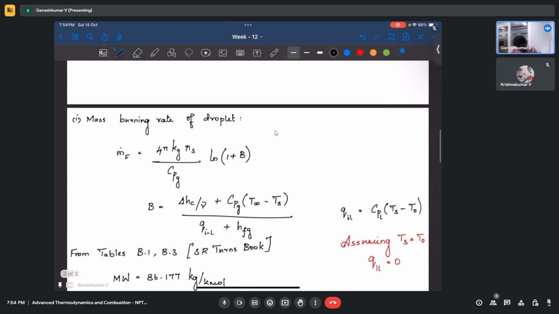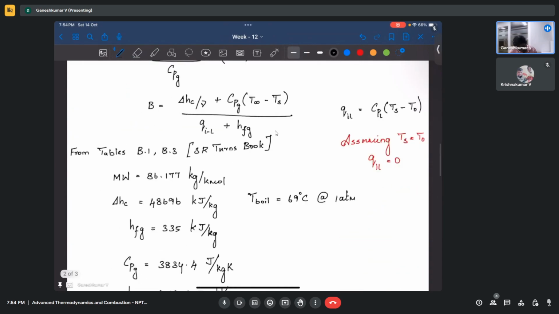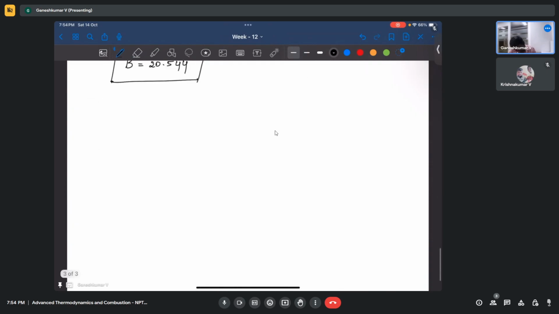Then we can find m dot. So m dot F is what our interest is. F is 4 pi kg Rs, where Rs is the radius to the surface. Basically, if you fix the coordinate system to the center of the droplet, Rs is the radius at which the surface is present, and Rf is the radius at which the flame is present.